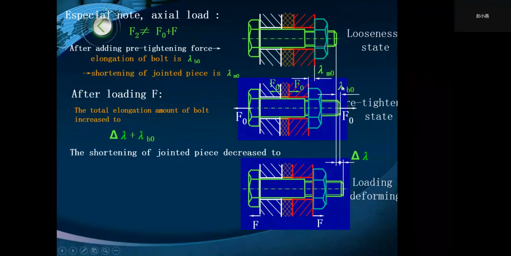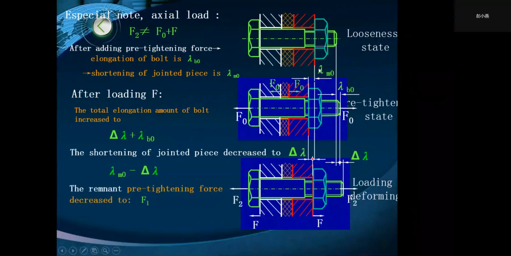The shortening of the members decreases to lambda M0 minus delta lambda.